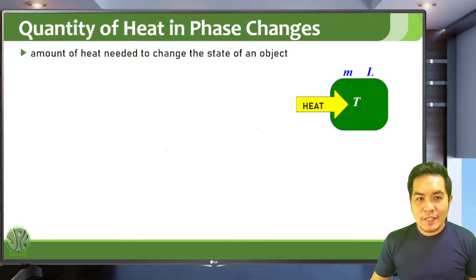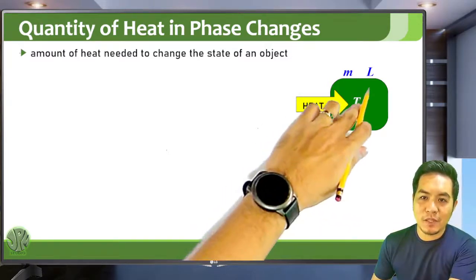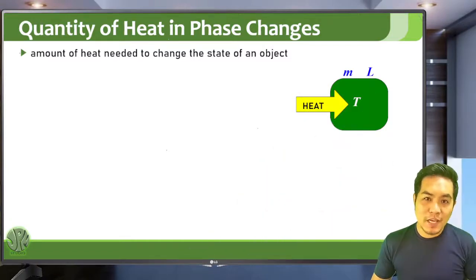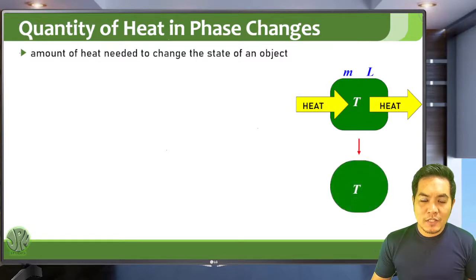But in the case of a phase change, there's now a different constant called the latent heat with a symbol L. So if an object with mass m and a constant latent heat L absorbs or releases heat at a certain freezing point temperature or boiling point temperature, then it will still remain at that temperature, but its phase will now change, say from solid to liquid or liquid to gas.